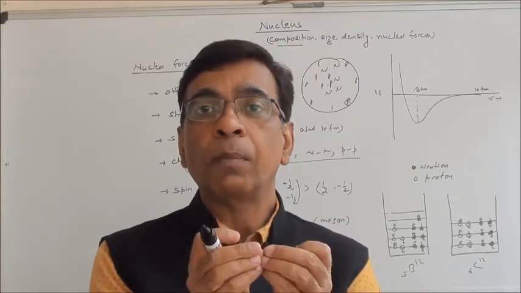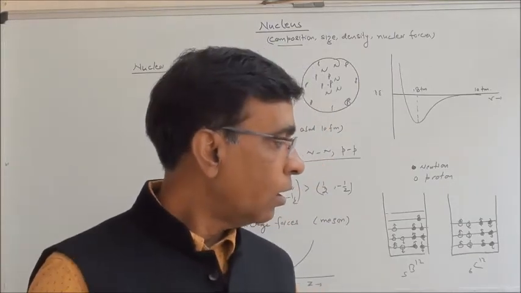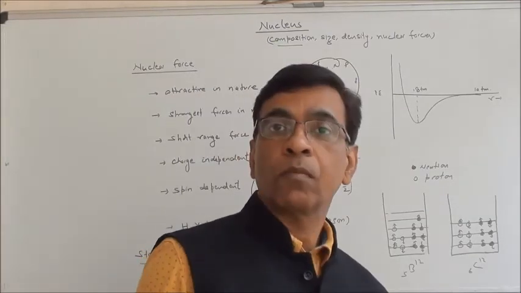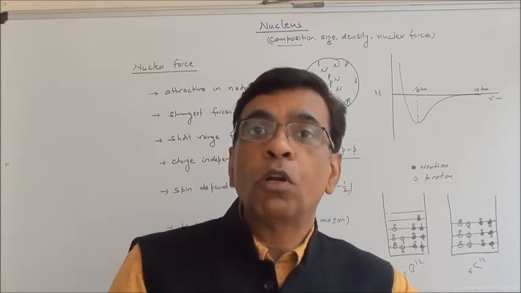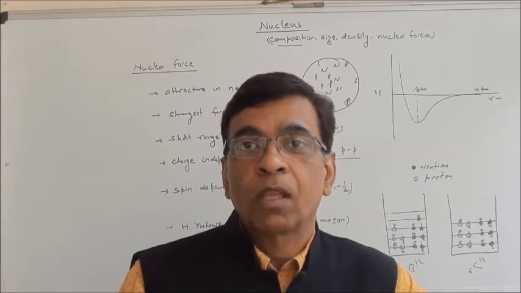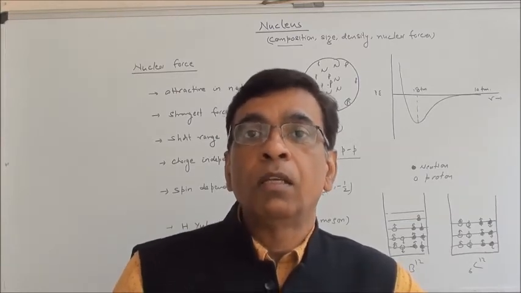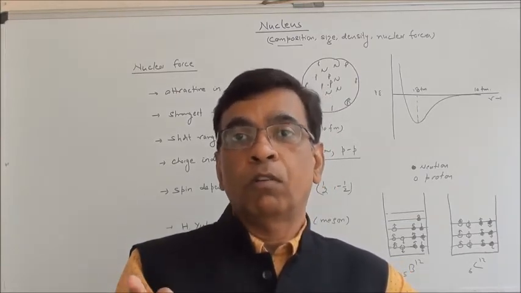So these repulsive pairs increase. To balance it, more neutrons are required. So in heavy nuclei, the number of neutrons is always more than the number of protons.